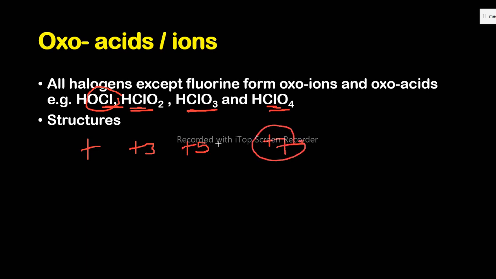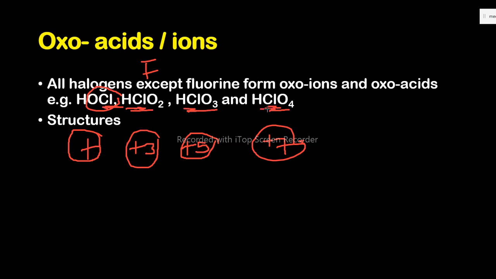Now, why are they able to form these oxo acids with oxygen? It is because, if you compare oxygen with other halogens apart from fluorine, oxygen is highly electronegative compared to these halogens.